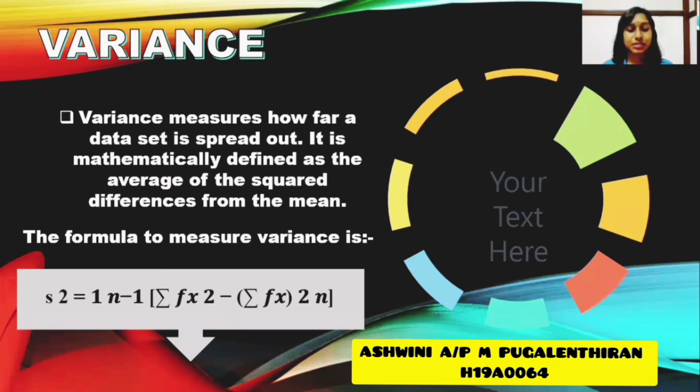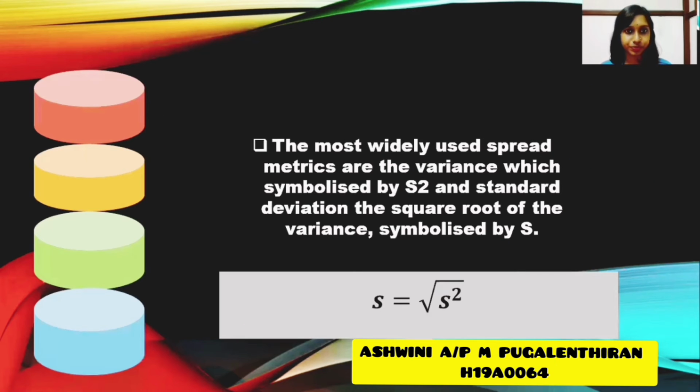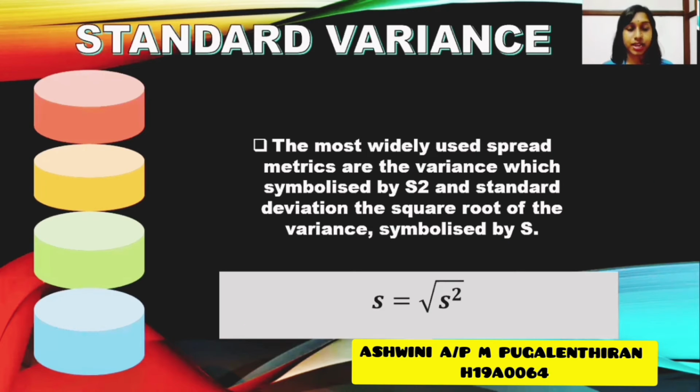It is mathematically defined as the average of the squared differences from the mean. The formulas to measure variance are above and below. Another is standard deviation. The most widely used spread metrics are the variance, symbolized by S², and standard deviation, the square root of the variance, symbolized by S. S equals the square root of S².